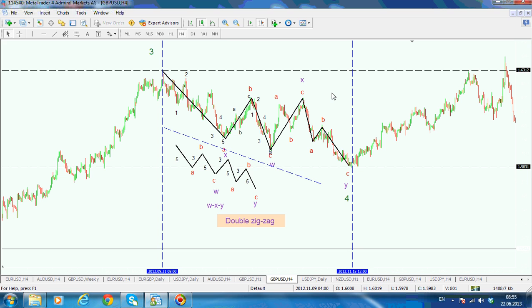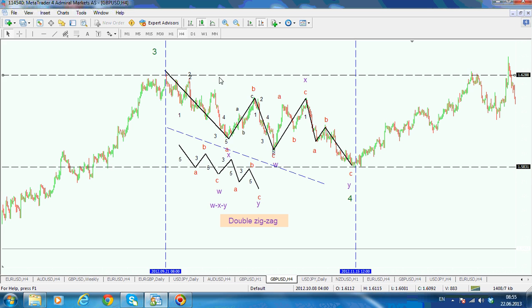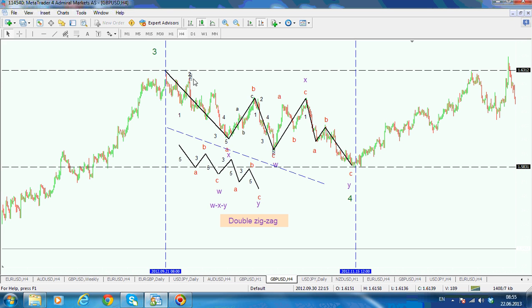And then you have the second zigzag, and with the second zigzag, basically we are looking at still the 5-wave structure for the first wave, for wave A. So 1, 2, 3, 4, and 5.